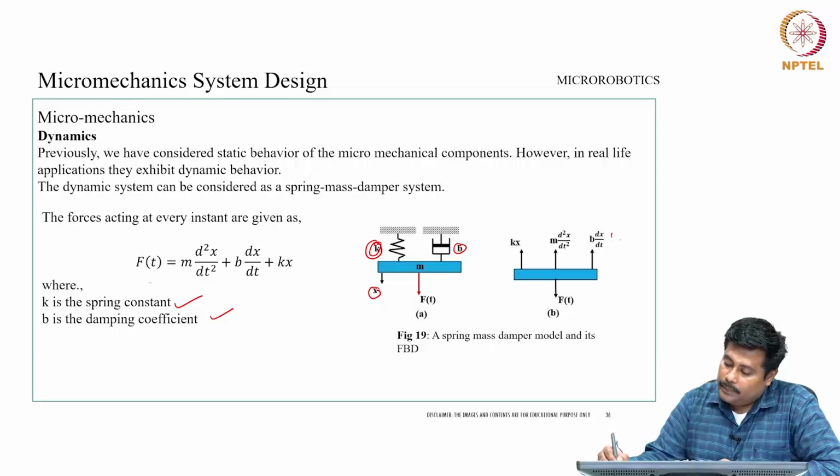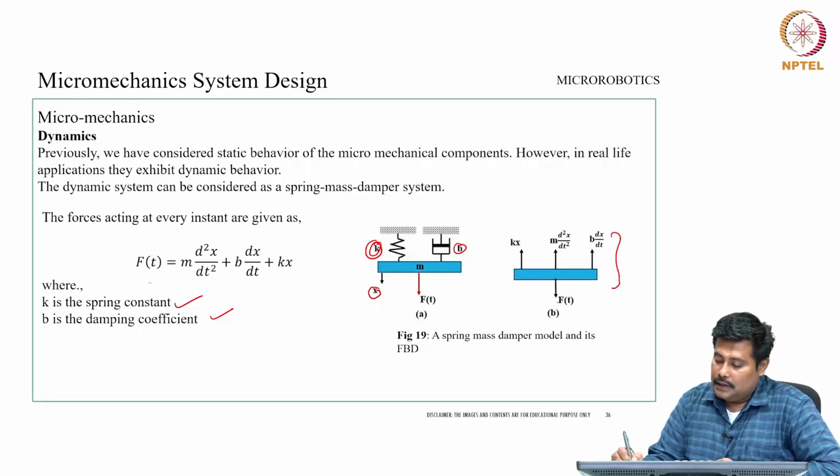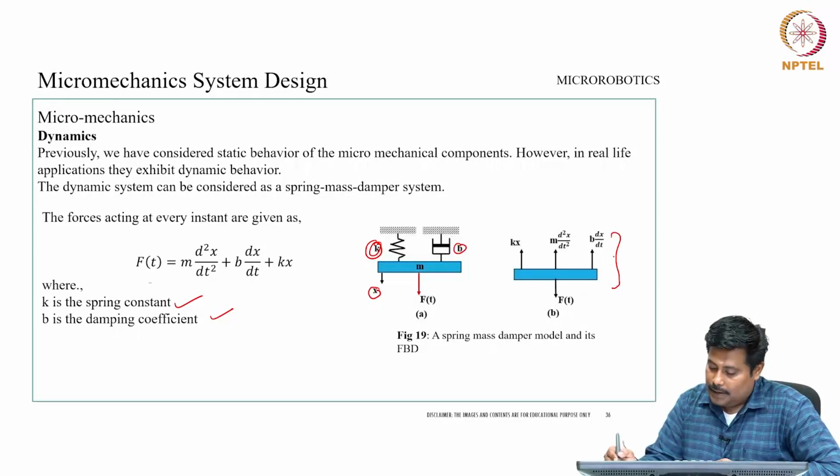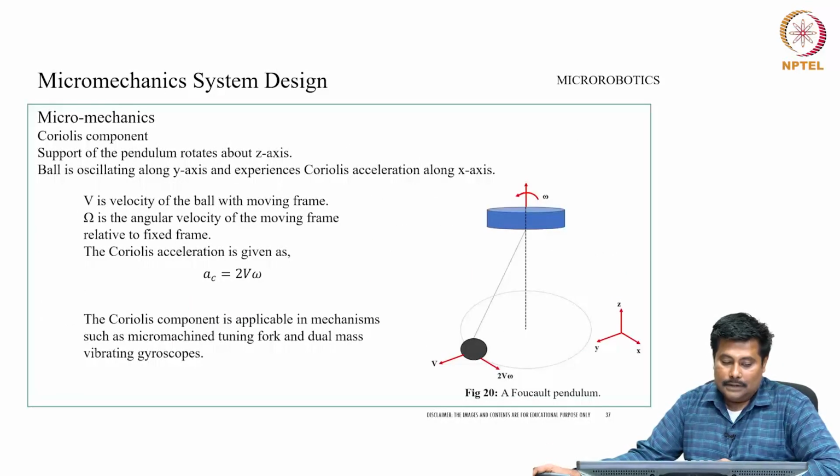When we represent this in the form of a free body diagram, the force is exerted in this particular direction. There is a kx, and then there is a mass term m d squared x by dt squared and b dx by dt. So, this is the spring mass damper model which is being established.